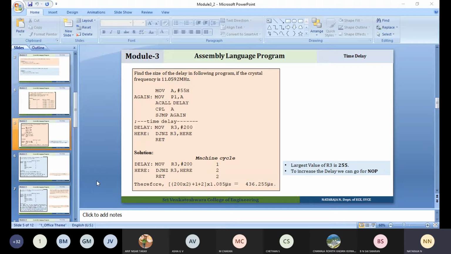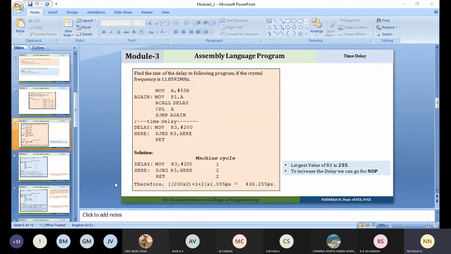Now the instruction MOV R3, #200. After this, DJNZ, decrement and jump if not equal to 0. The R3 value will be 200, so with decrement and jump if not zero, we compare R3 to 0. It should reach 0, and until it reaches 0 we keep looping.